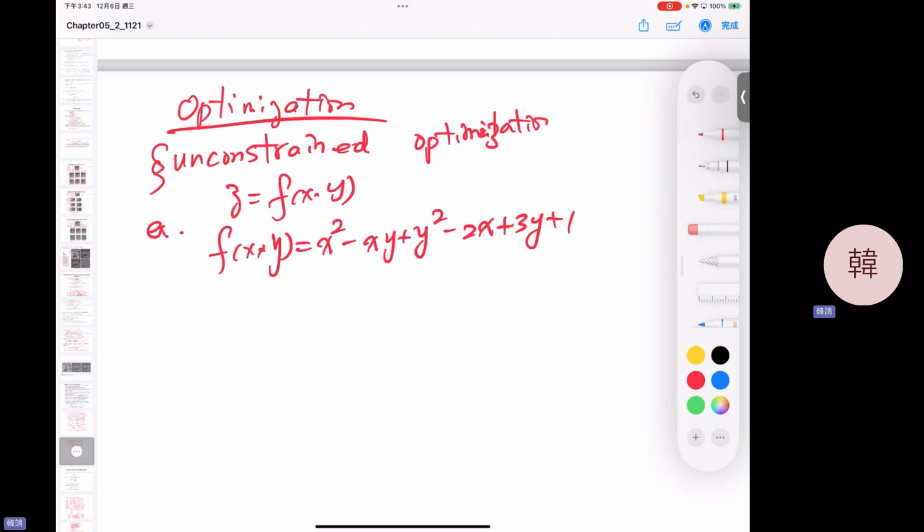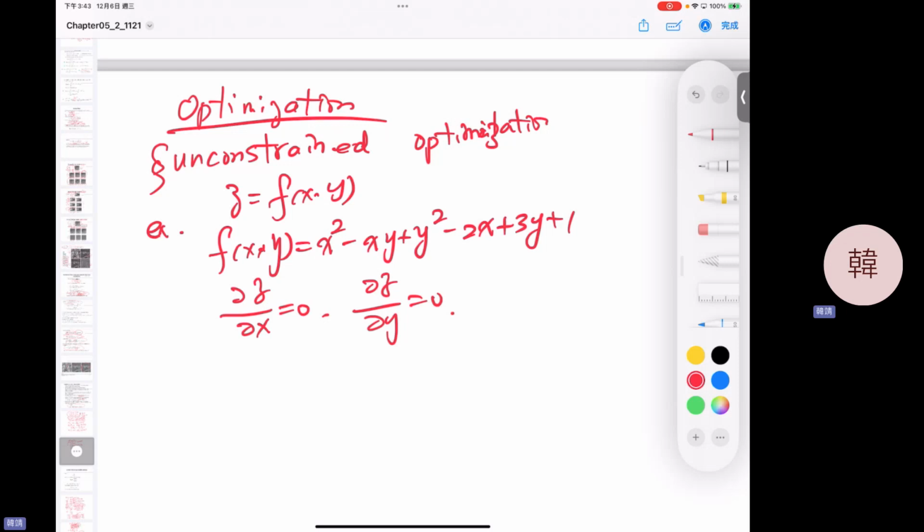So it's just the partial derivative of z with respect to x equal to 0, and the partial derivative of z with respect to y equal to 0, and find all the solutions. But sometimes you have to be careful.